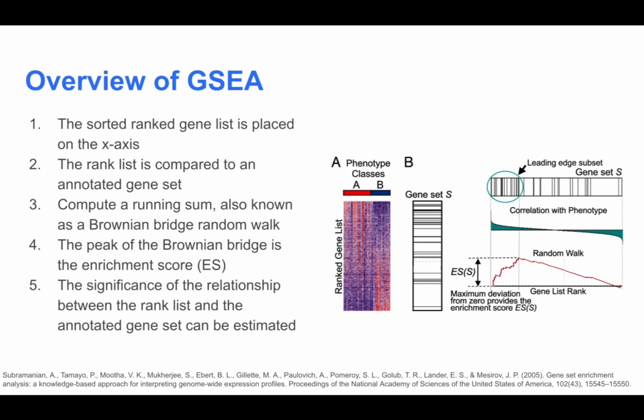And you'll do that by basically placing your sorted ranked input genes along the x-axis of that plot on the very far right. And then you compute the plot, and the peak of that plot will actually be your enrichment score. And then you can determine the significance of the relationship between the ranked list and your annotated gene set afterwards.